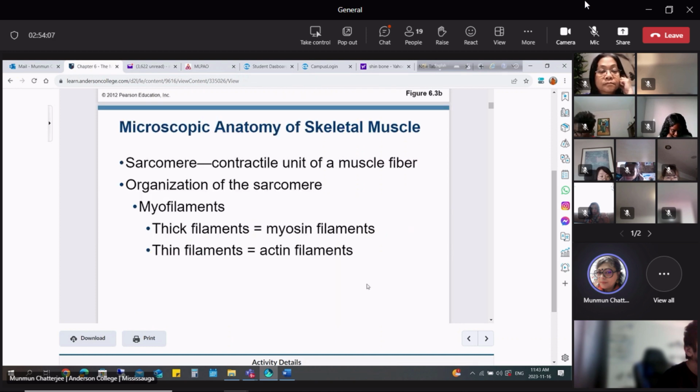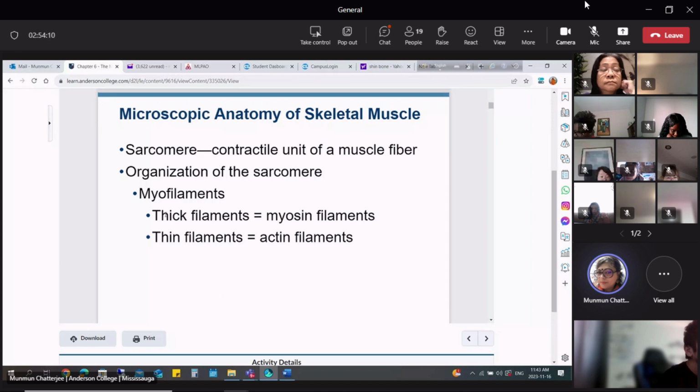It has myofilaments, the thick filaments and thin filaments. What is the name of the thick filament? It is myosin, and the thin filament is actin. So myosin and actin are the main filaments of the muscle fibers.